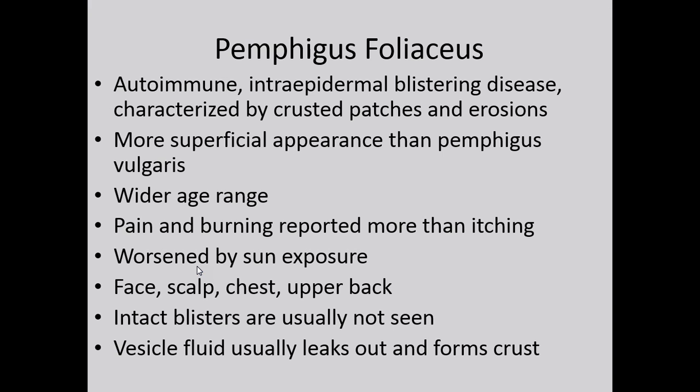And so let's move on to the third condition here, pemphigus foliaceus. This is also an autoimmune reaction. These are all autoimmune reactions of some severity. We'll still have the blistering disease and the crusted patches, but usually with pemphigus foliaceus we'll have more of a superficial appearance than these lesions.